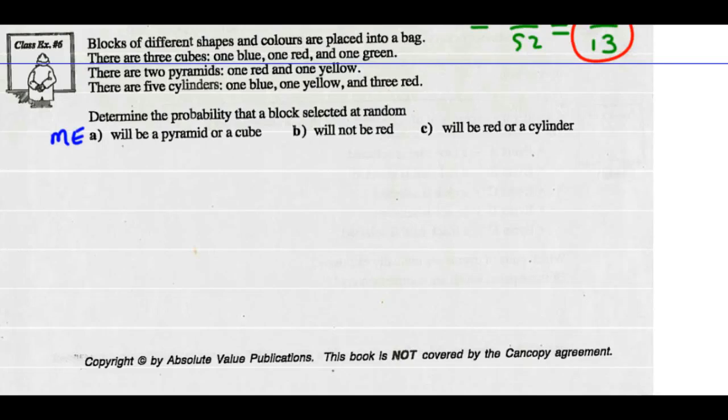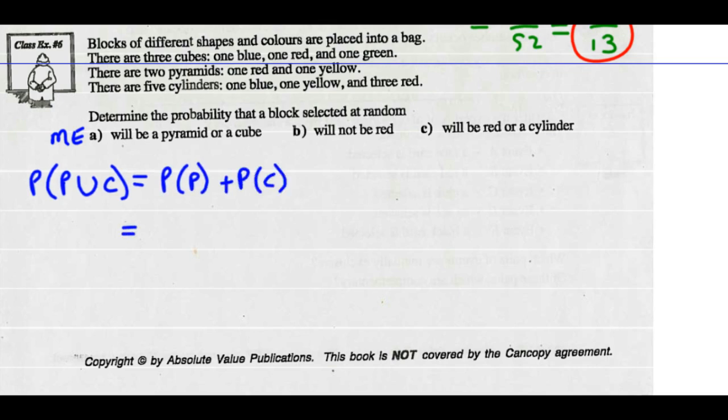Nice. That's the formula we want to use. Probability of a pyramid or a cube, mutually exclusive events, will be the probability of a pyramid plus the probability of a cube. All right. So we see that there are 2 pyramids out of how many shapes are in the bag? 10. Plus there are 5 cylinders out of 10 shapes in the bag.